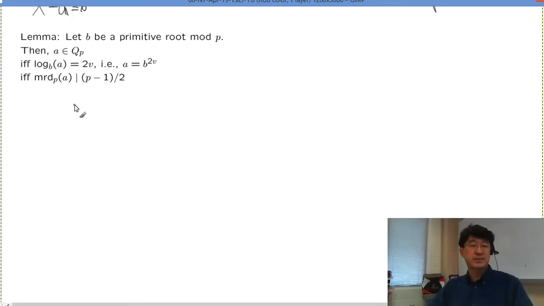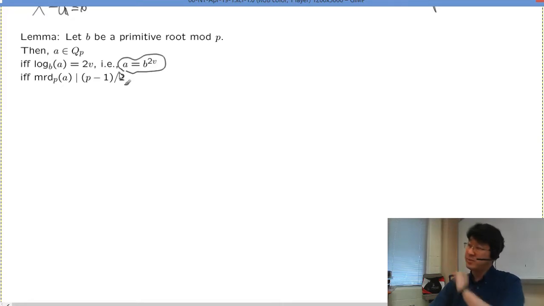Maybe it's not practical, but it all helps. If A is B to the exponent 2 times V, if there's a 2 in there, then it is necessary and sufficient that A is a quadratic residue. And if you like log, you can look at it here, but if you don't like log, don't look at it. It's the same statement right there.